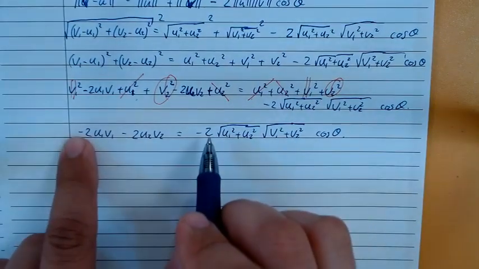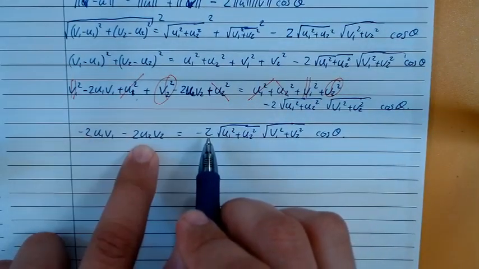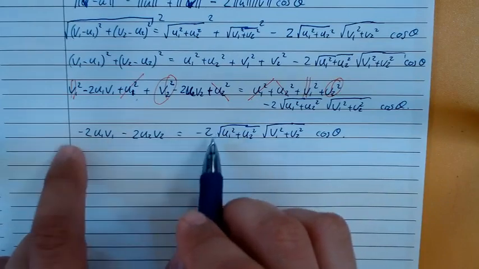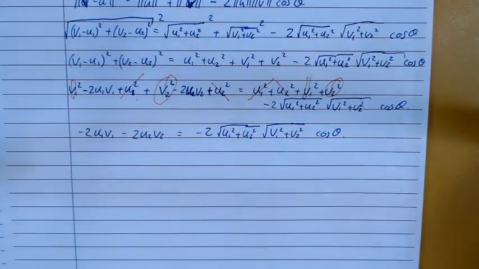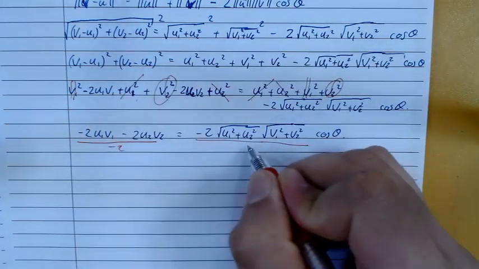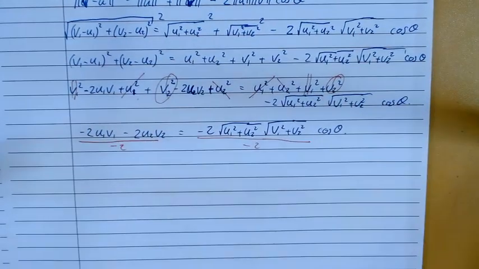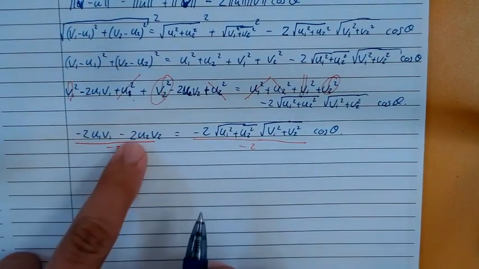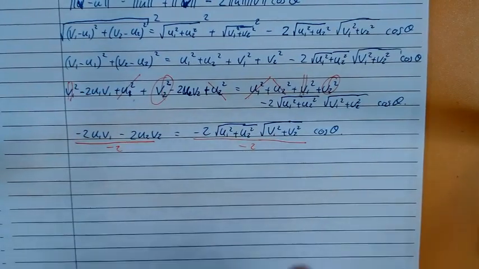Notice these all have a common factor of negative 2. So what I can do is divide everything by negative 2. And if I divide those by negative 2, that is now a positive 1, and that's also a positive 1, and that's a positive 1.